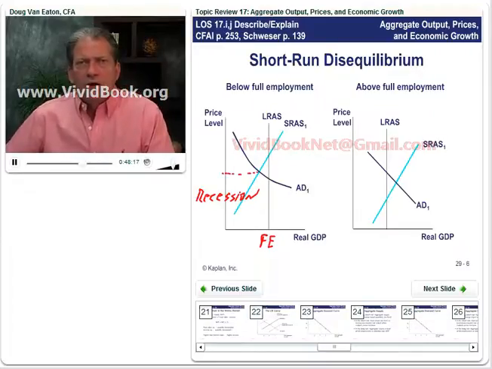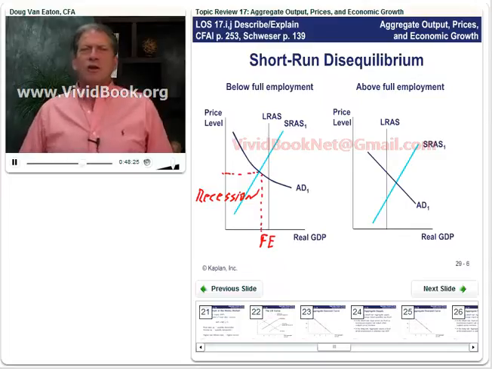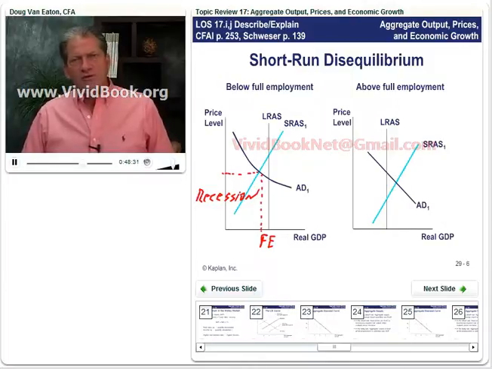Here's the price level. Here's the level of real output. Now, what did I say the mechanism was to get us back to long-run equilibrium? Well, we've got to move that short-run curve over time.